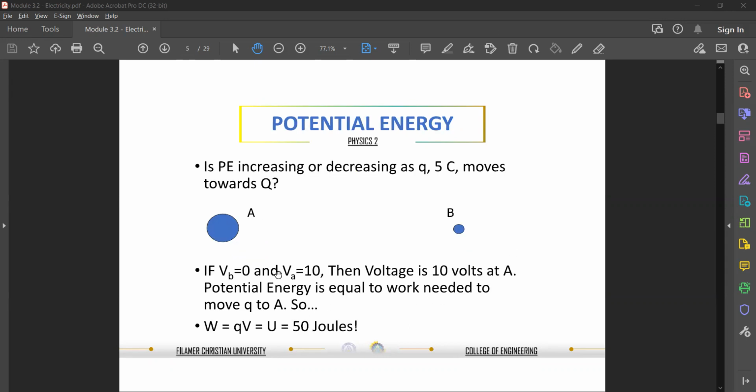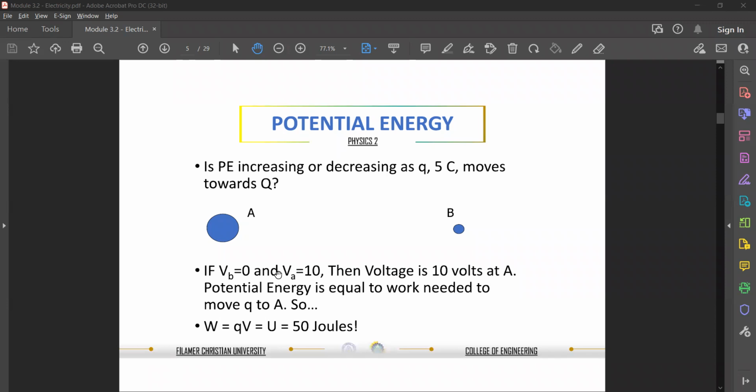Question: is potential energy increasing or decreasing as Q, let's say 5 coulombs, moves towards Q? How can we know it?